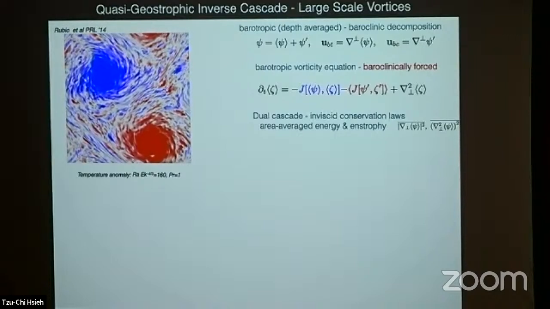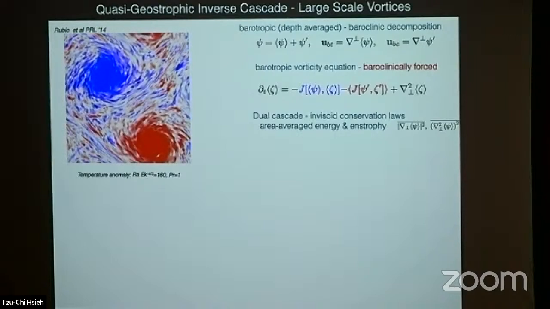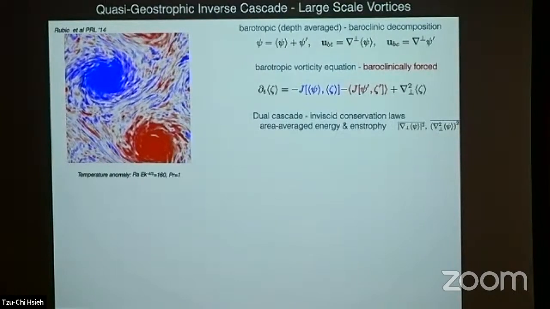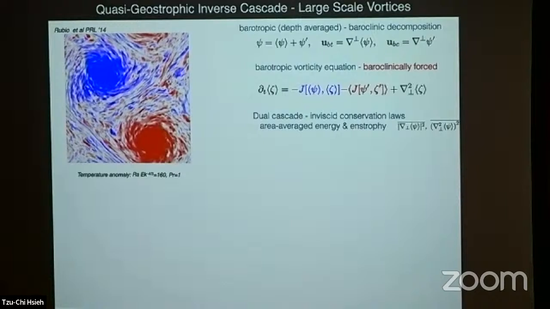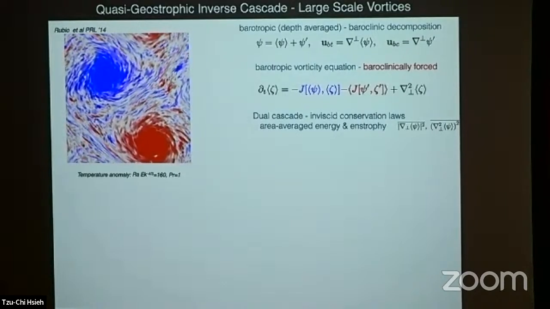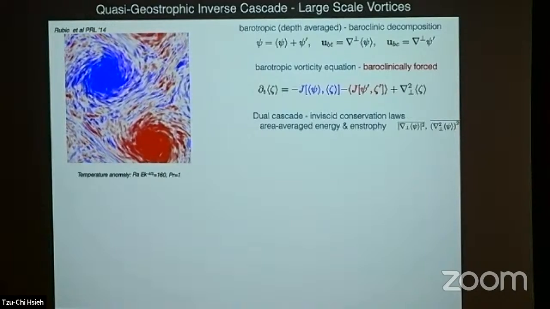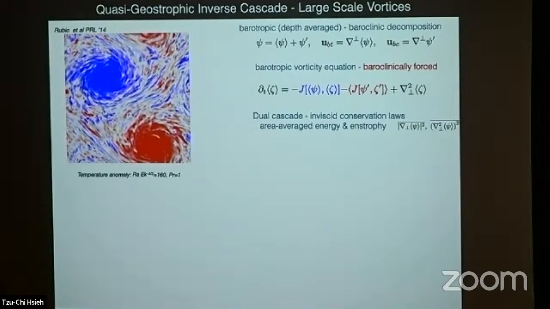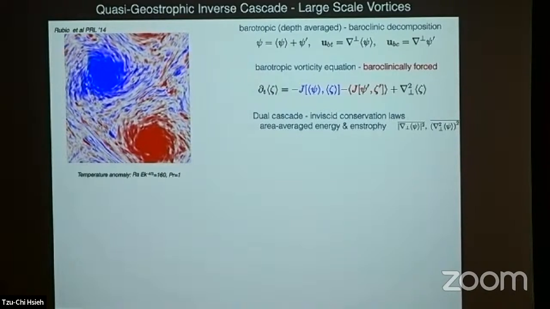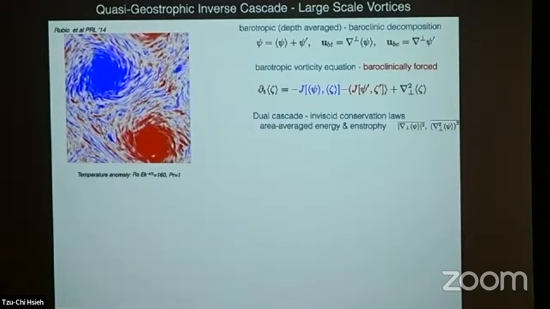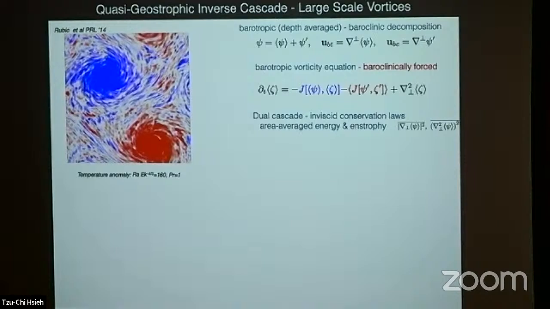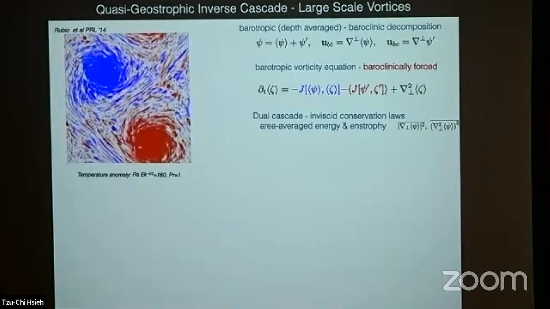Recall one of the ways of breaking the Taylor-Proudman theorem: depending on the horizontal scale of your plumes, that's the scale that sets the invariant scale as you go up. It's going to be invariant on that scale, and then you can have modulations on top of that. In this QG problem, the convection is the modulation on that scale. So we have these two components. The Taylor problem is still operating on these small scales, but the scale of the box is broken with the modulation.